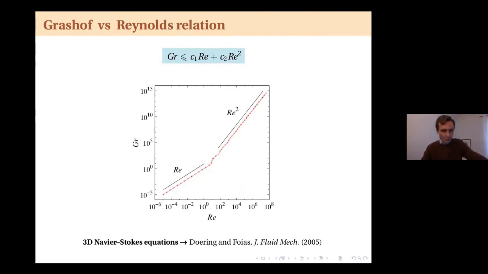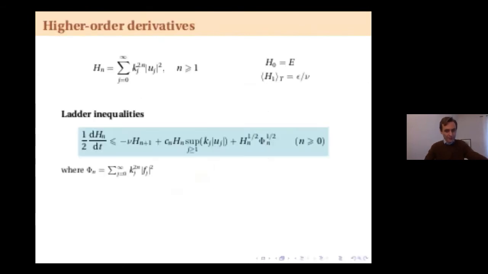Let us now move to higher order derivatives. So now we consider this sequence of quantities, Hn, where I'm raising the power of kj, which means I'm raising the order of differentiation. And by taking the sum, this is basically the space average of the nth derivative of the velocity to the power 2.